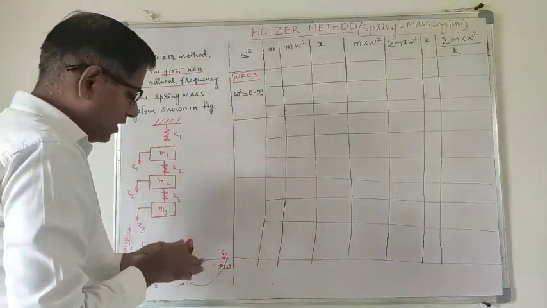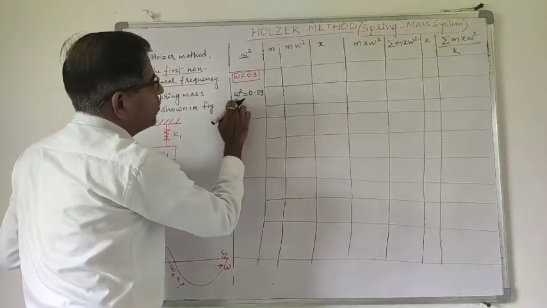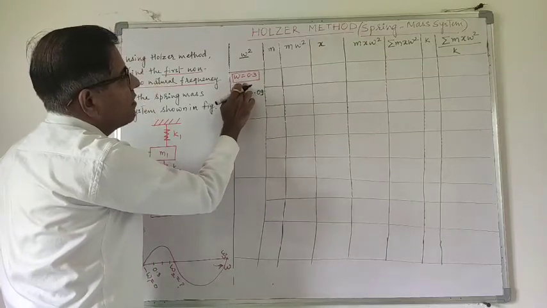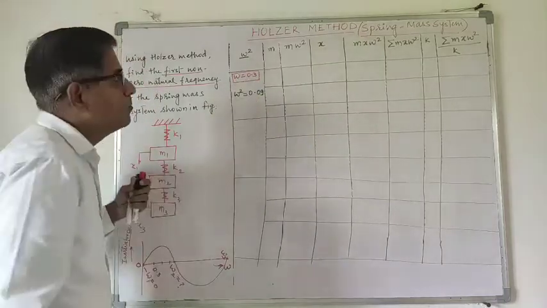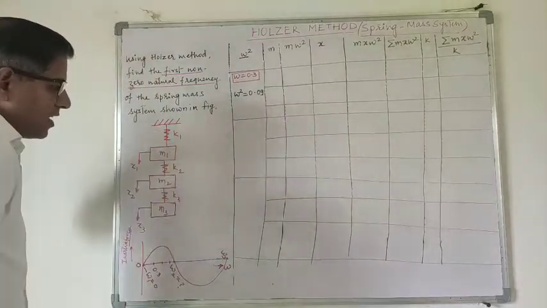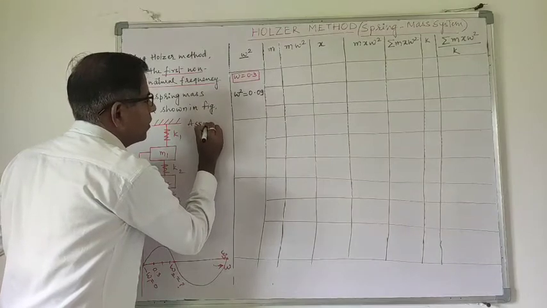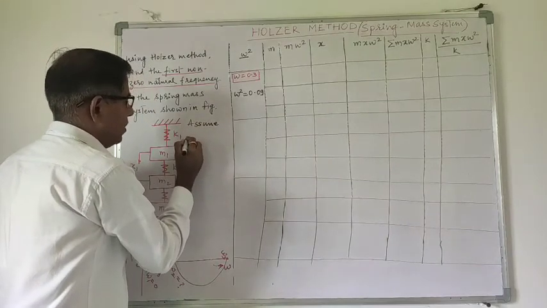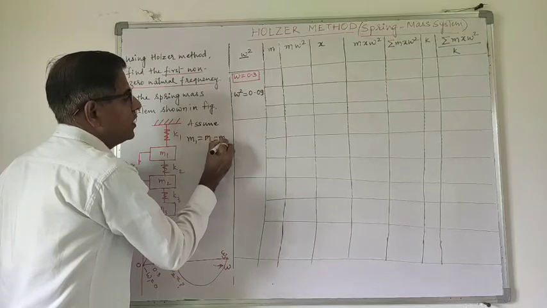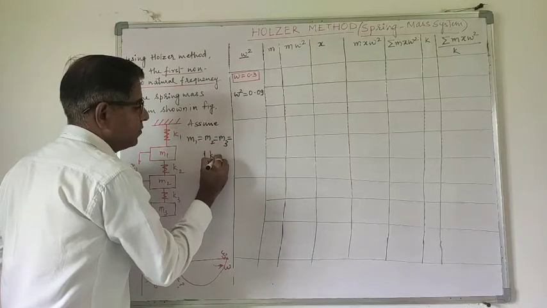I will fill certain values over here. So in the first iteration, omega square is 0.09. That means we have assumed the omega value as 0.3. Then the masses. Now here the masses are not given. So we assume m1 is equal to m2 is equal to m3 is equal to 1 kg.